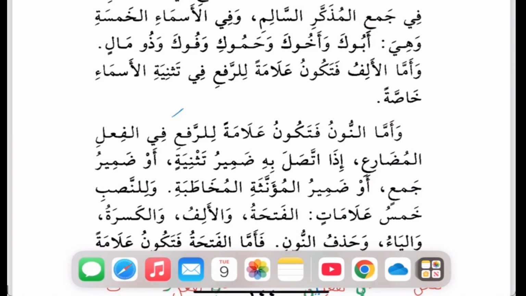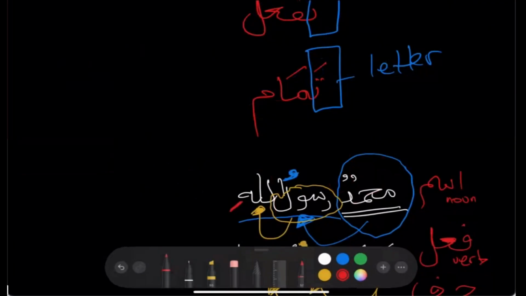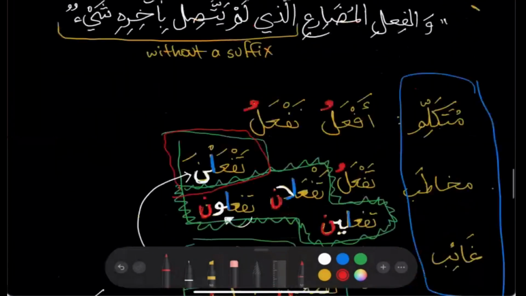Could you please explain what mabni is again? Yes, no problem. Mabni means that the word is built. Al-bina' is لزوم الكلمة حالة واحدة, the word doesn't change.